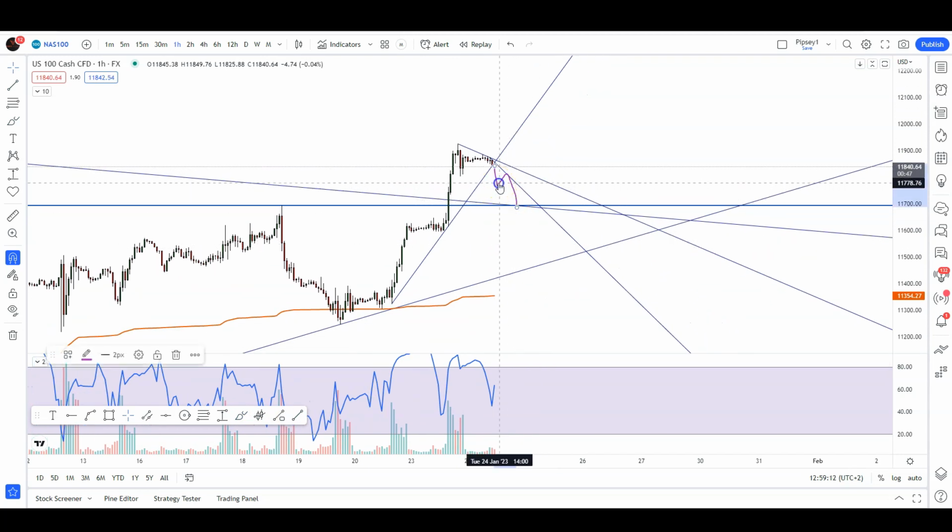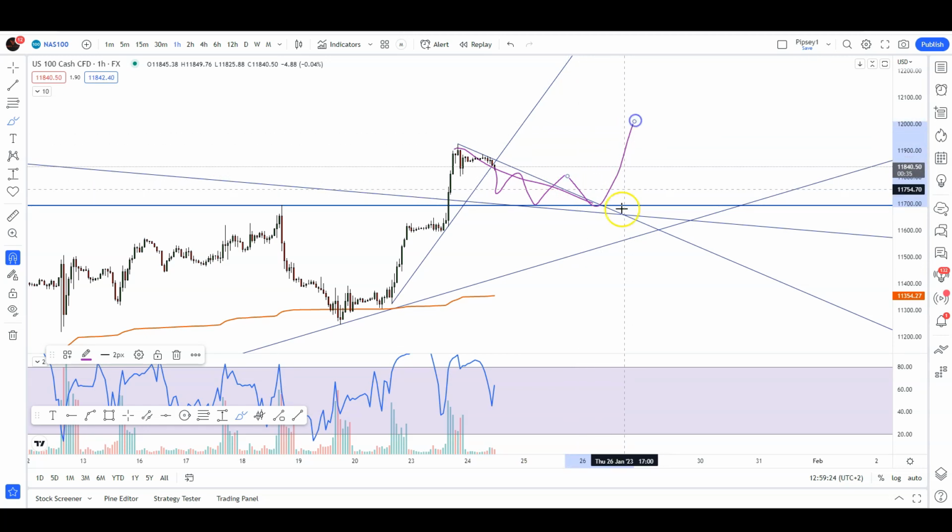But if it doesn't, and let's say this is the trend line and it moves down, I want to wait for that break as well, and then a retest, and that'll just give me more confidence, more confluences that it's more likely to go my way.